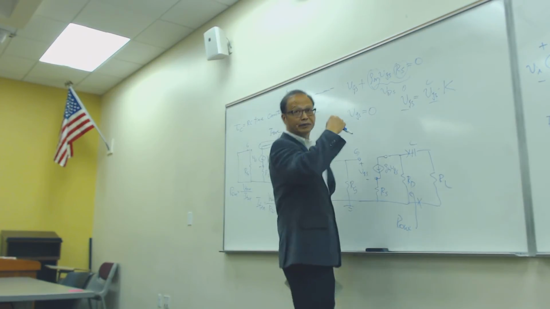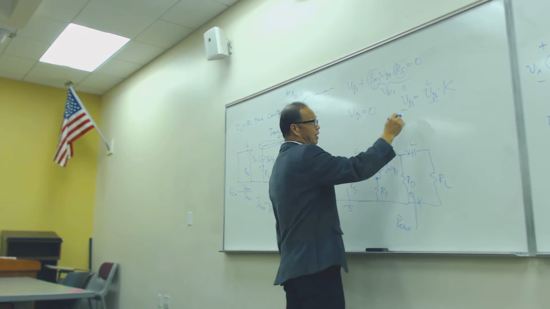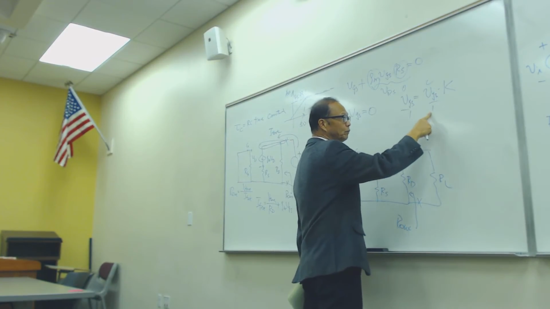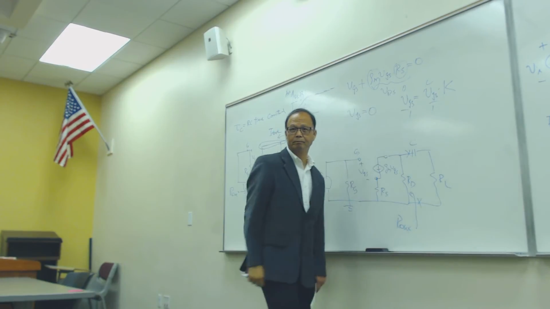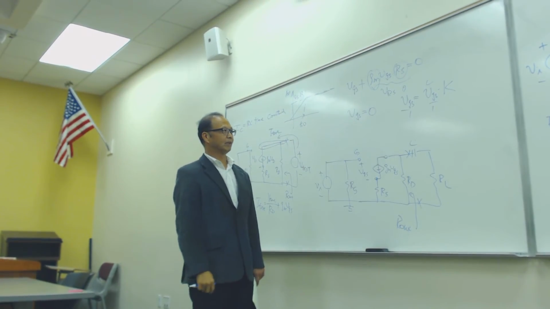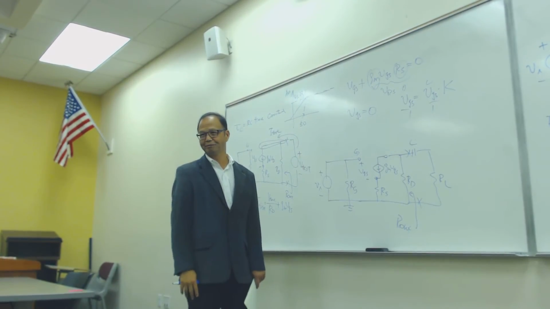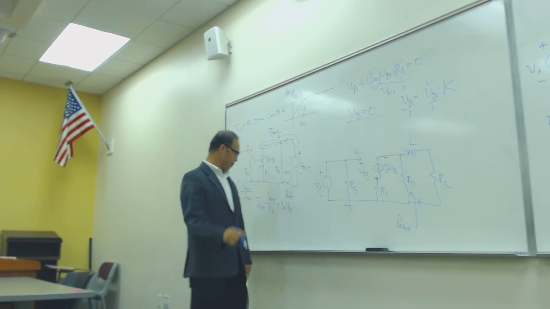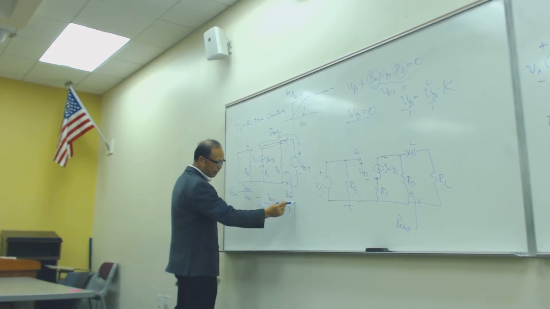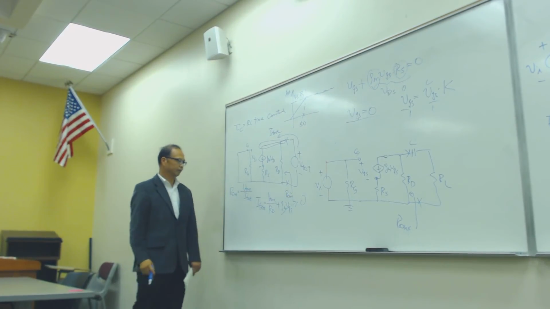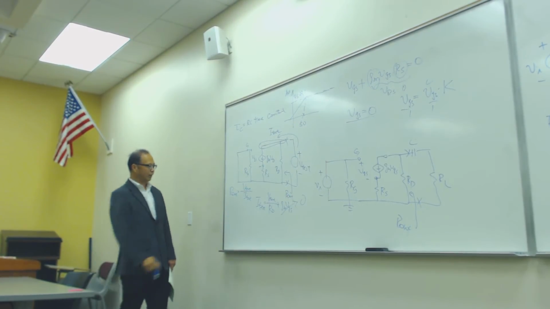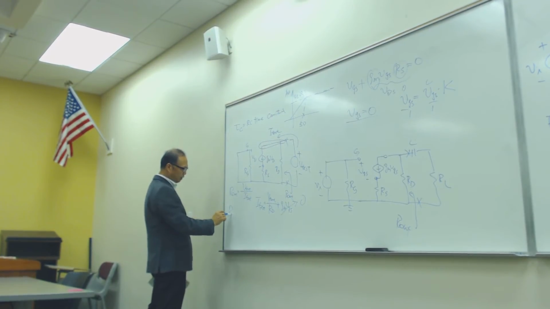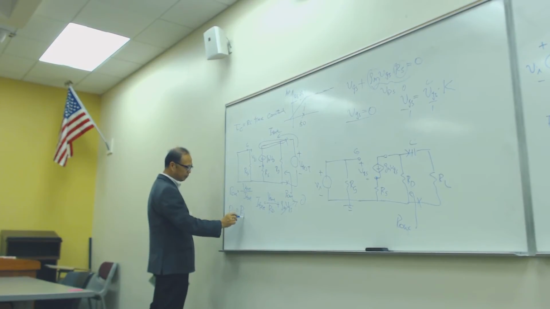If you have anything other than 0, for example 1, how can 1 equal 1 times k? It's not possible. So the only solution is 0. Then what is R out? You put this here, and R out is simply R sub D. Got it?